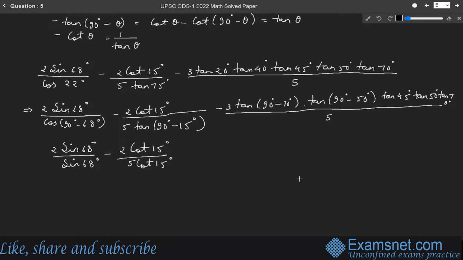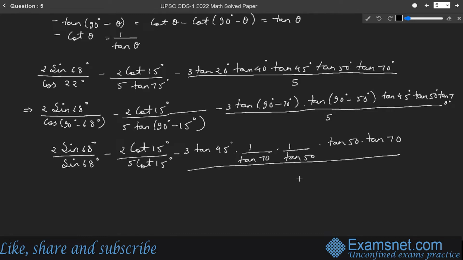Also we know that tan(90 minus theta) is cot theta. Minus 3 tan 45 degrees into 1 by tan 70 into 1 by tan 50 into tan 50 and tan 70, all upon 5.